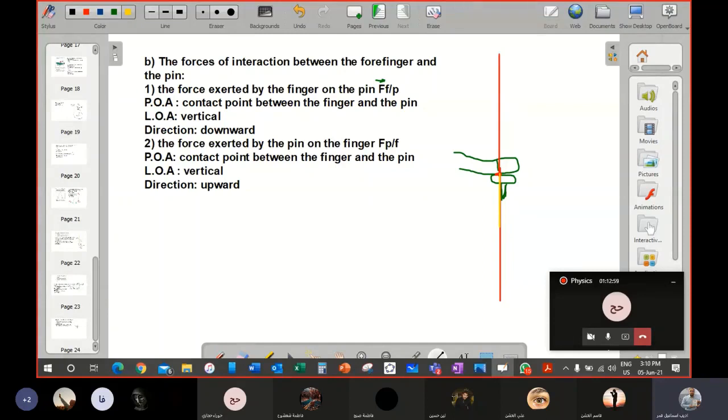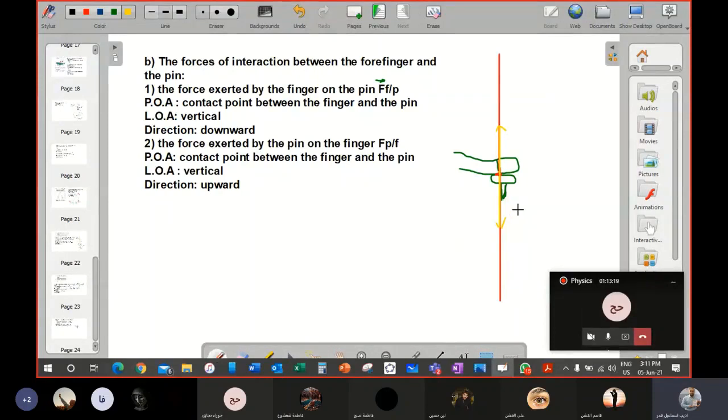Its direction is downward. The force exerted by the pen on the finger starts from the point of application along the line of action, and its direction is upward. Let us name these forces.